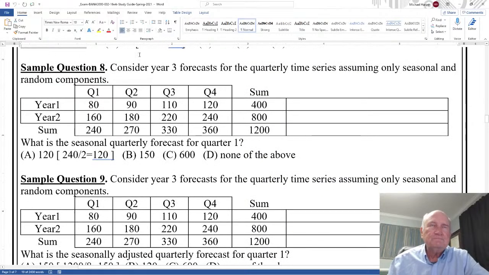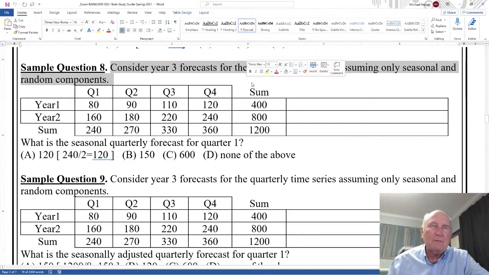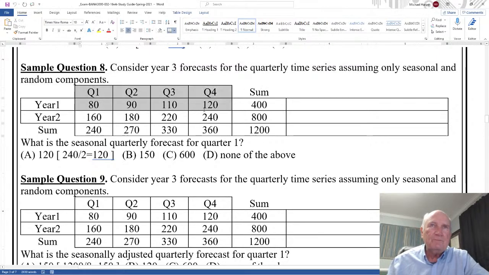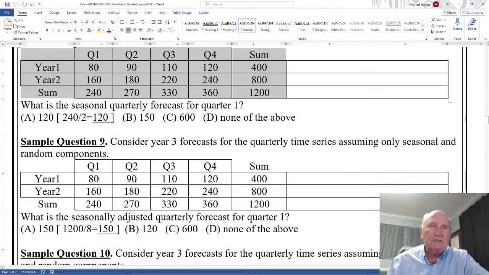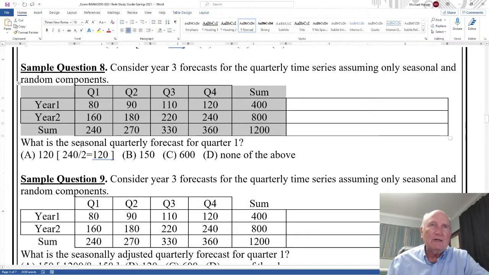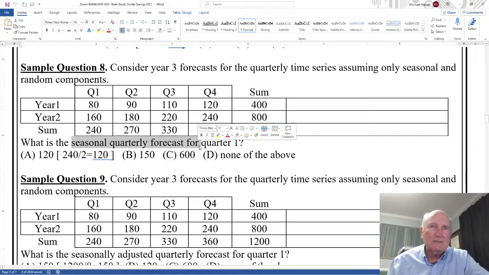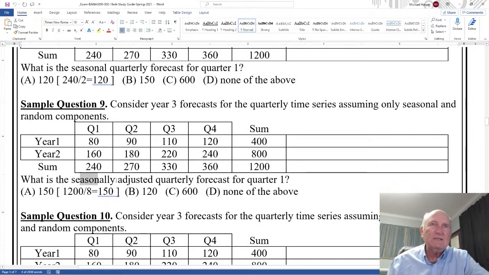Sample 8, question 8. Consider the 3-year forecast for the quarterly time series assuming only a seasonal and random components. So for questions 8 and 9, I will give you a table just like this, and I will ask for the seasonal quarterly forecast, and then what's the seasonally adjusted quarterly forecast.